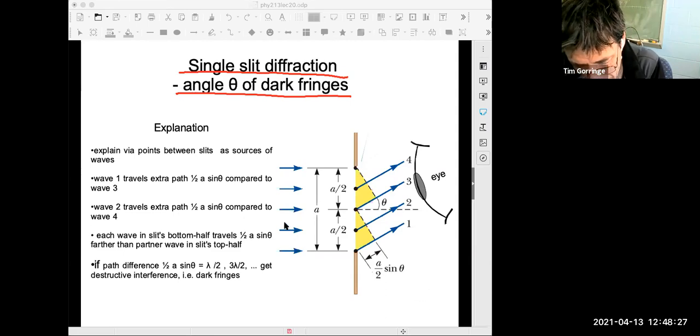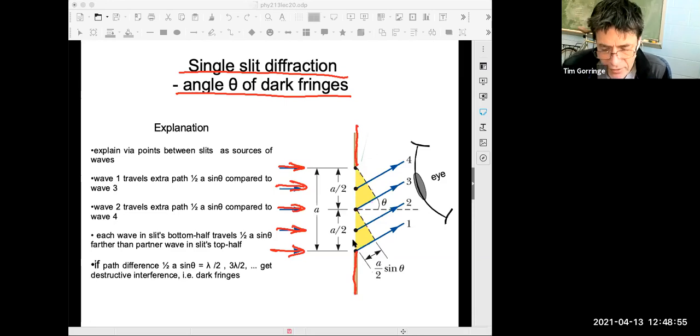So in this picture, imagine we've got a stream of light waves or other waves heading towards this barrier with a slit in it. Downstairs here at the bottom is the slit. Upstairs here at the top is the slit. This region here is the slit itself.